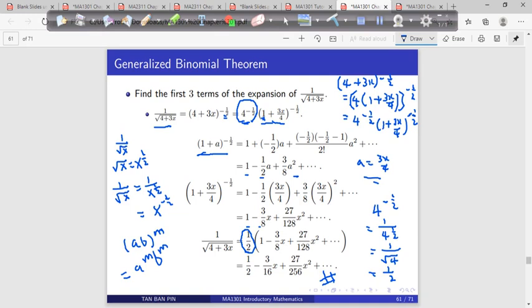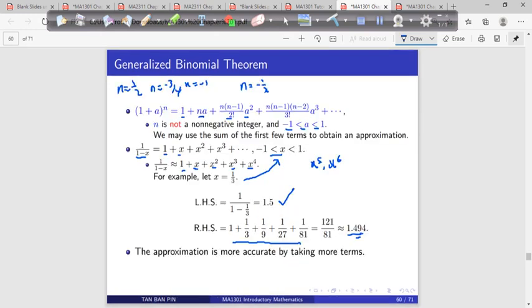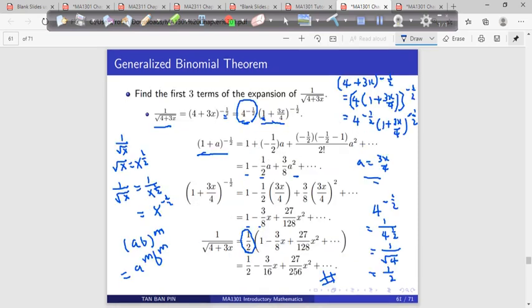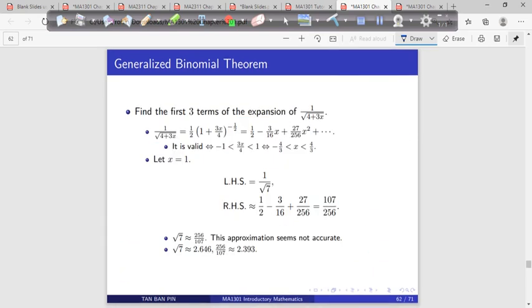And remember there's a constraint. The expansion is only valid for a between minus 1 and 1 if you write it as 1 plus a power n. So if you look at 1 over square root of 4 plus 3x, since you write it this way, you write it as 1 plus 3x over 4, power minus half.